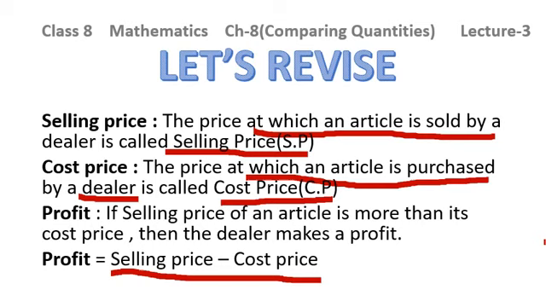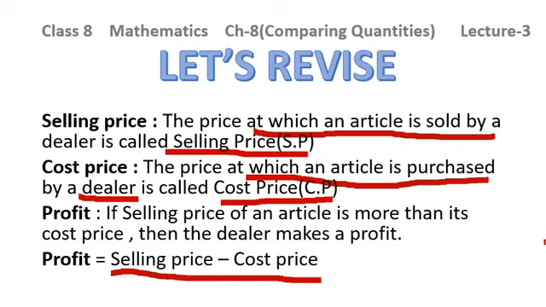In this case 250 was the selling price, 200 was the cost price, so 50 rupees profit will be there. Or you can say you have earned a profit of rupees 50 in the example which I have given you. So selling price is the price at which an article is sold by a dealer. Cost price is the price at which an article is purchased by a dealer.